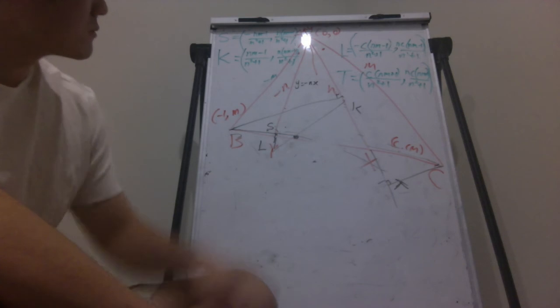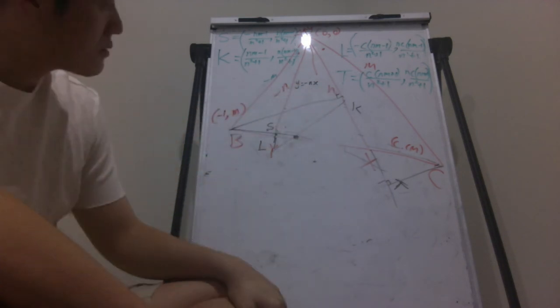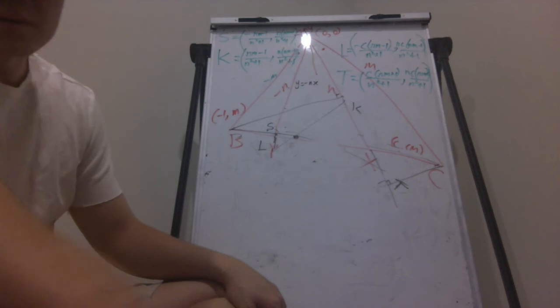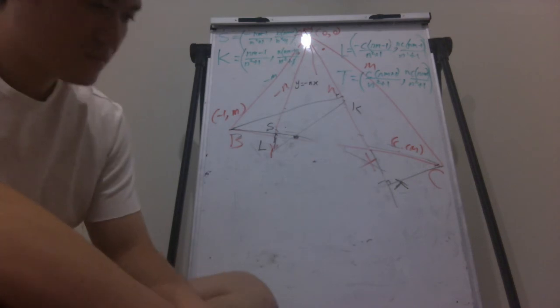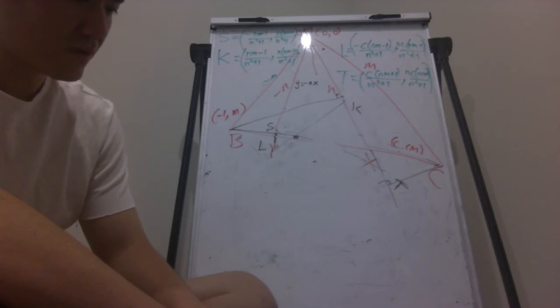Yeah, but that's useless. Oh, you mean BK is parallel to... Yeah. That's useless. Okay, so let's see. Should we do this together? I guess you could technically do it yourself too. So, how would you find the equation of KL?